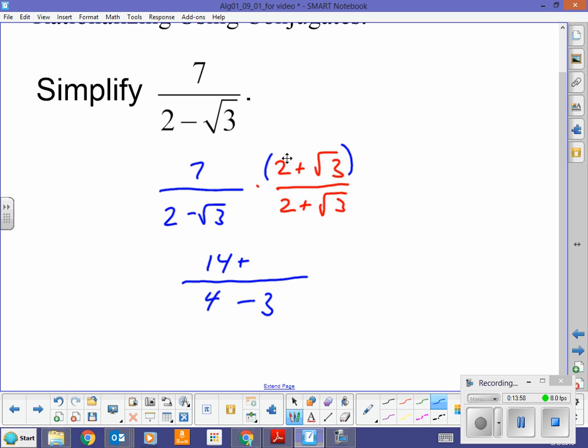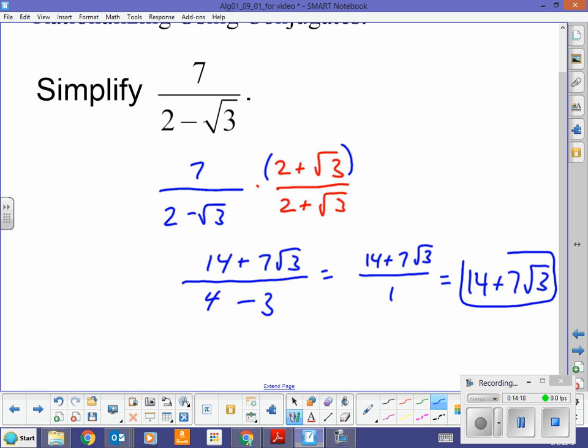Plus 7 times radical 3 is 7 radical 3. And then I can simplify the bottom into a 1. Which is just 14 plus 7 radical 3. All right. So this is again that special products case.